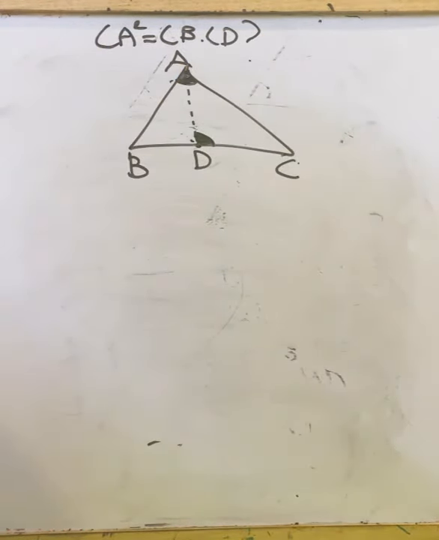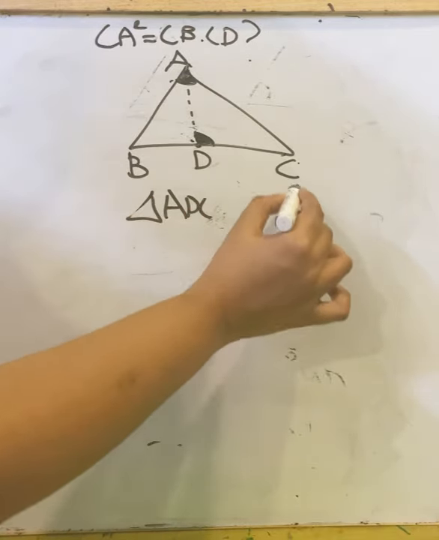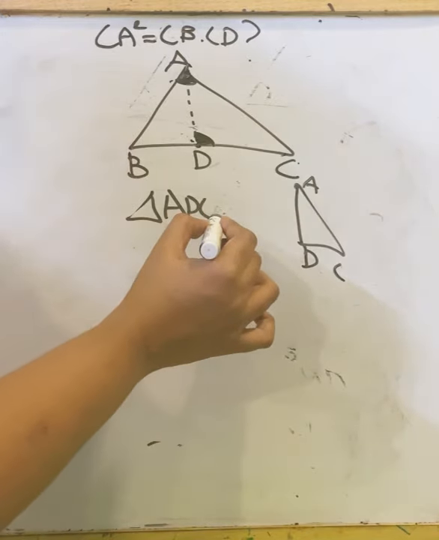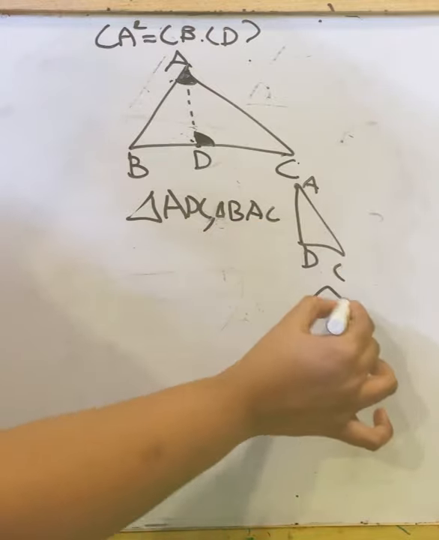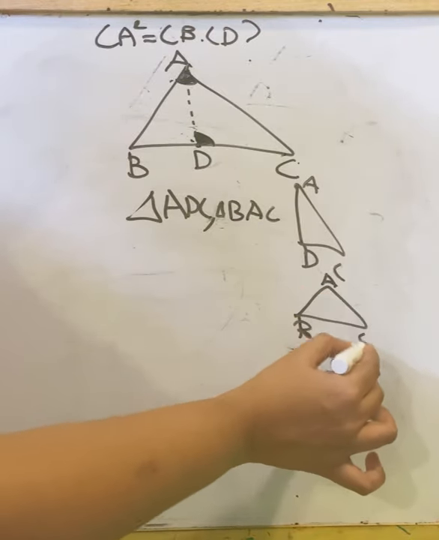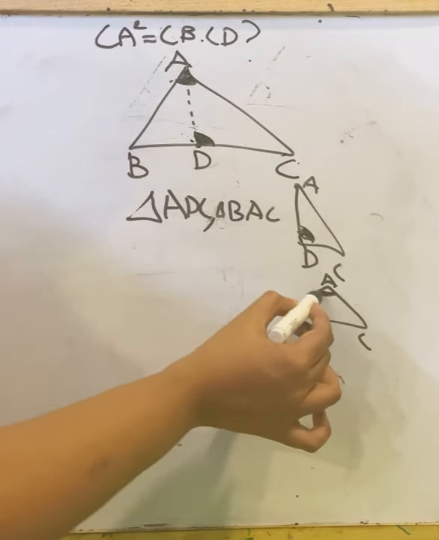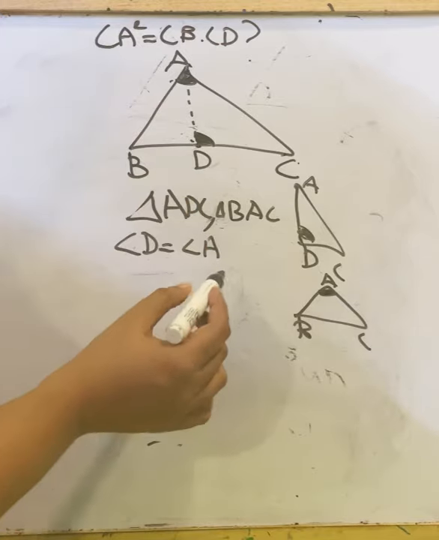So now consider triangle ADC, that is smaller triangle ADC, and triangle BAC, that is bigger triangle BAC. In that we have this angle and this angle are equal. Angle D equal to angle A. It is given here.